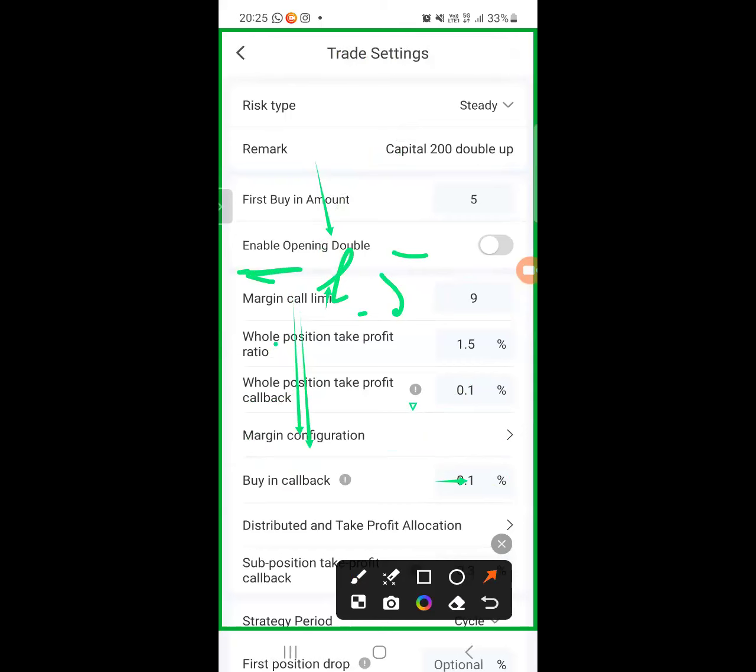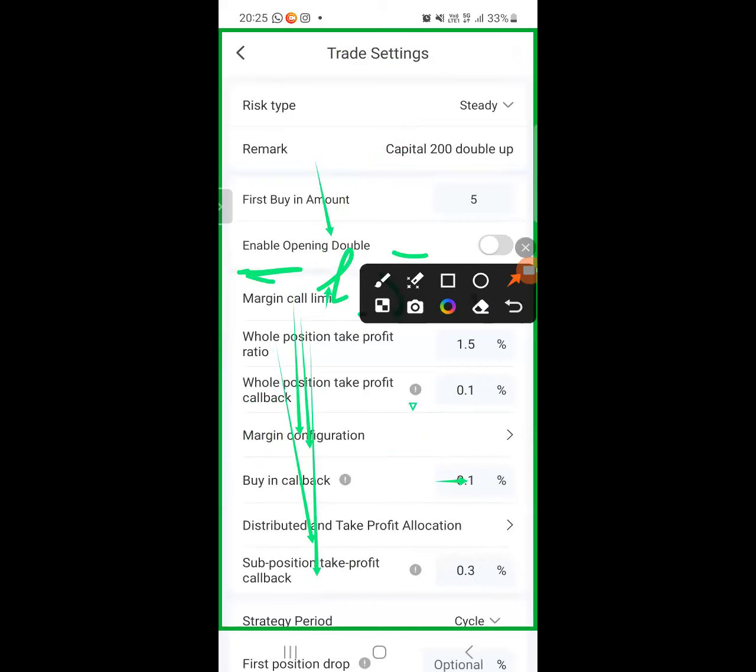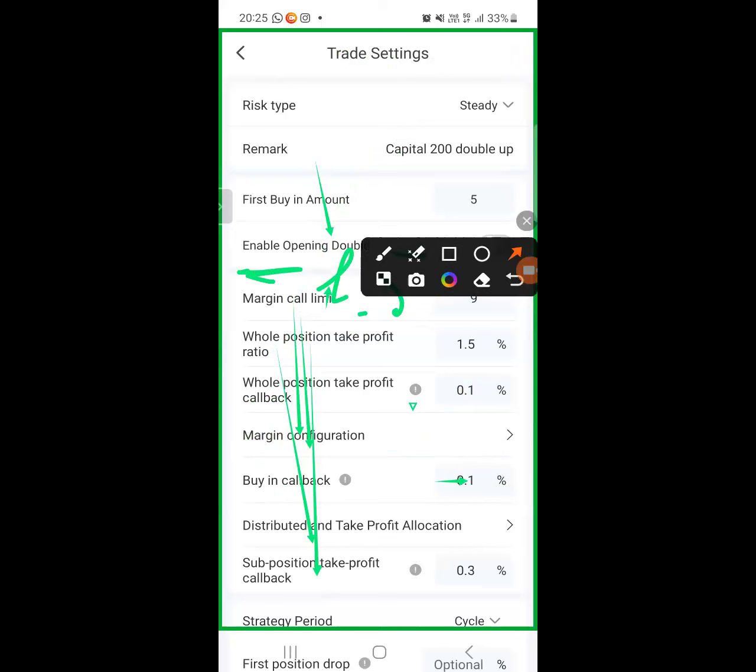May it continue the dropping down, may it continue falling down. So wait until it starts going back up. Then if it starts going back up to plus 0.1%, then you buy the next call.